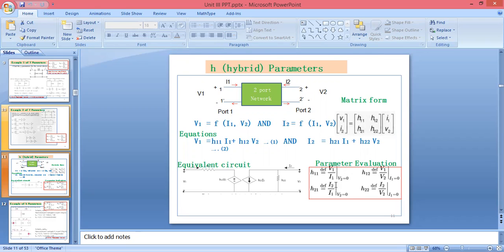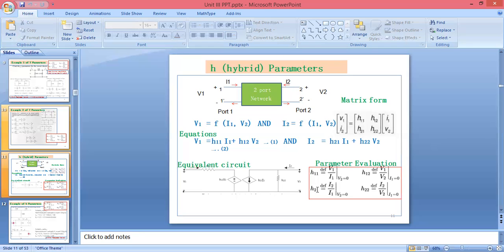V1 and I2. When you are calculating V1, for H11 you are supposed to consider V2 as 0 volt. For H12, you are supposed to again derive the value of V1, but at that time you are supposed to consider I1 as 0 ampere.